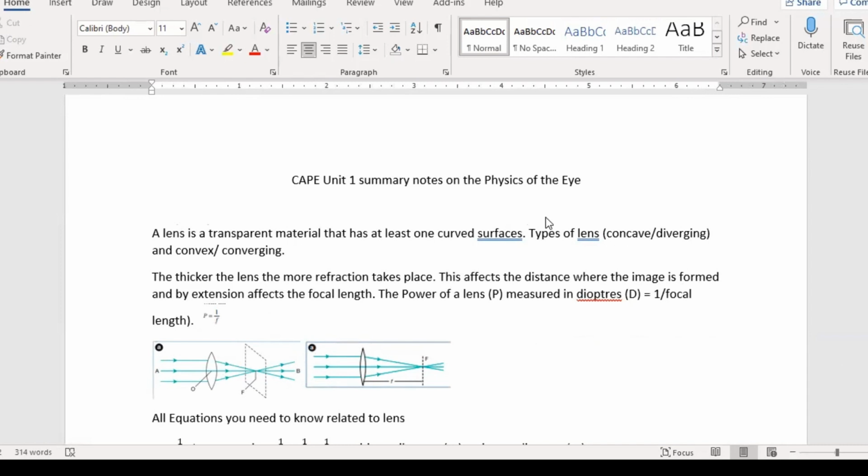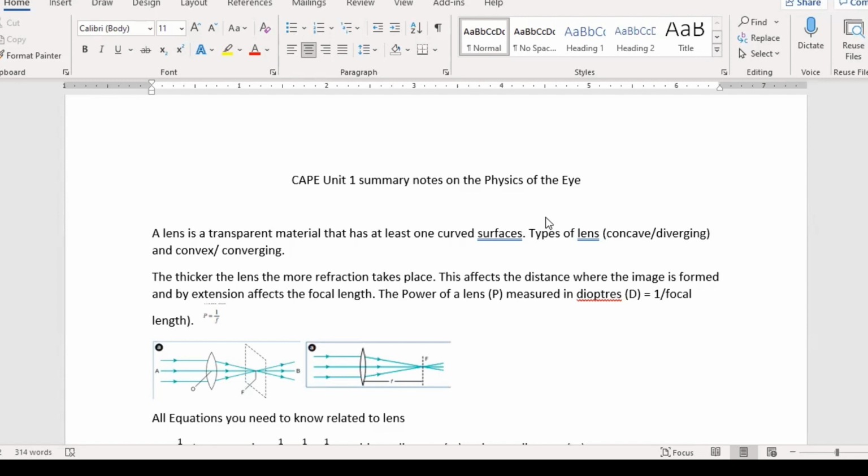Lenses are generally some type of transparent material that assists with refracting light. As you can imagine, we use these to correct different eye conditions. It's important to note that depending on the thickness of the lens, that will determine what we call the power of the lens.